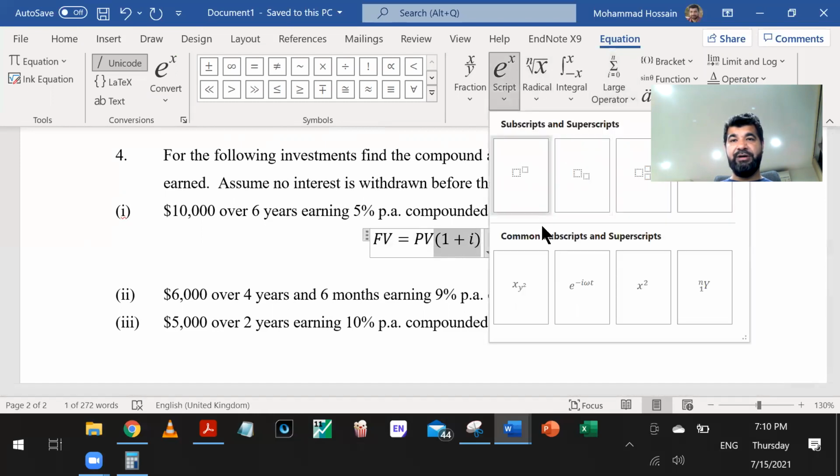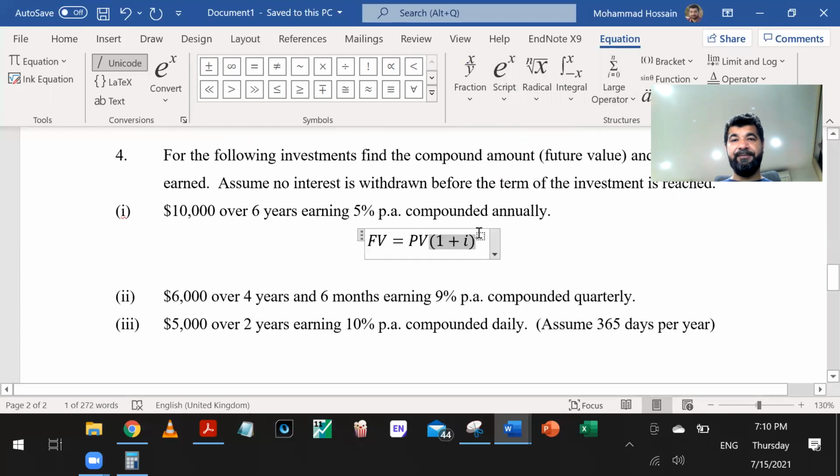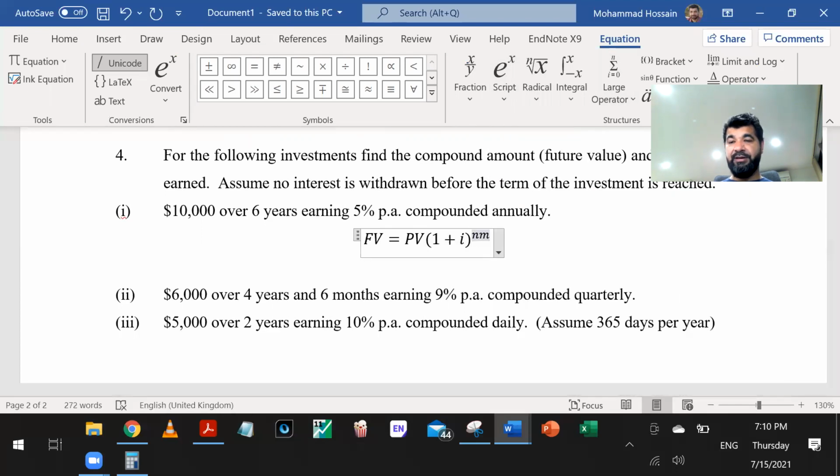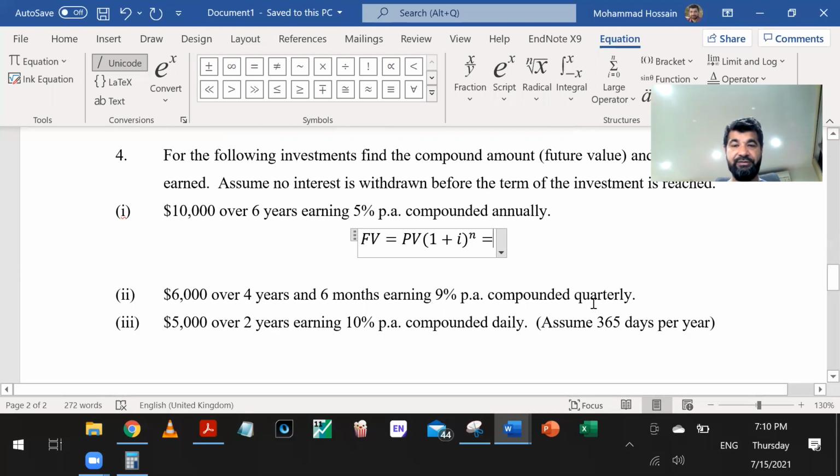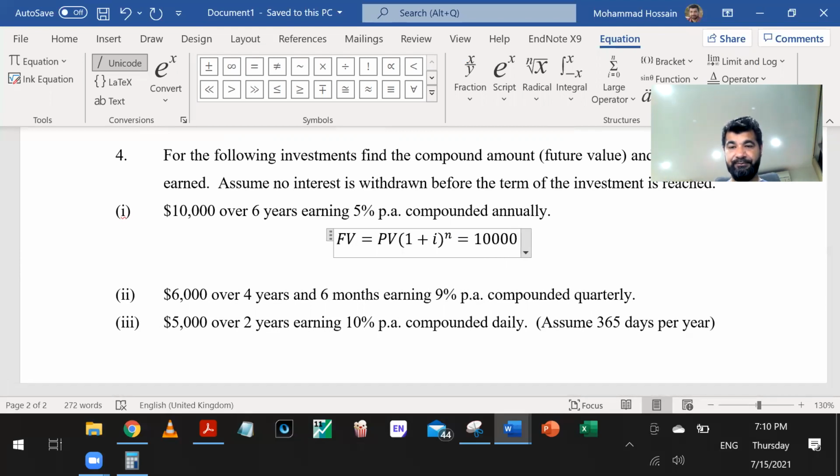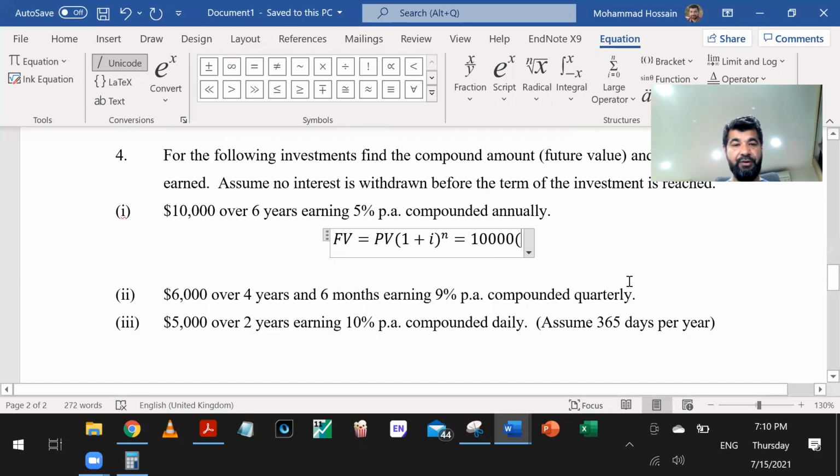To the power, equal to, how much will it be? 10,000 into 1 plus I, where I is 5% compounded annually.